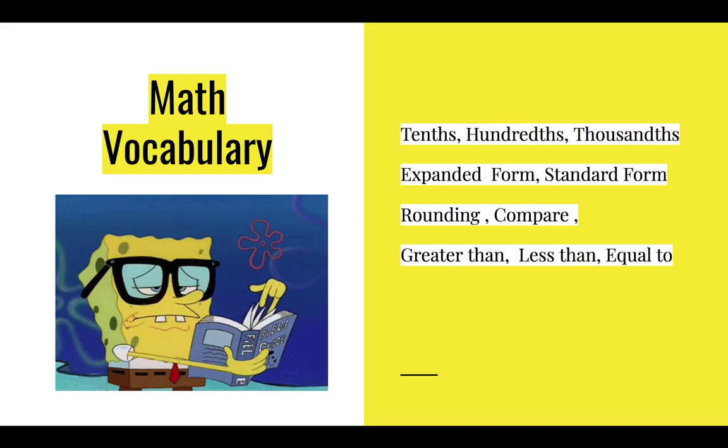So before we start, let's look at some key vocabulary words that you will be using today. Tenths, hundreds, thousands, expanded form, standard form, rounding, compare, greater than, less than, equal to.